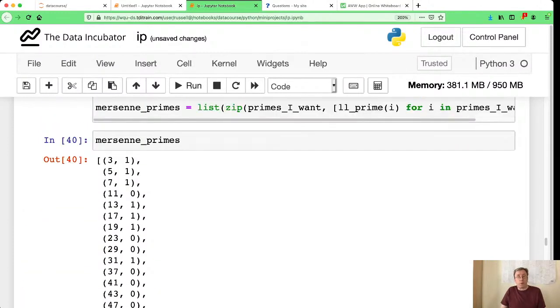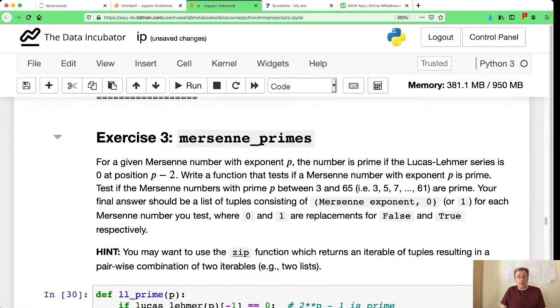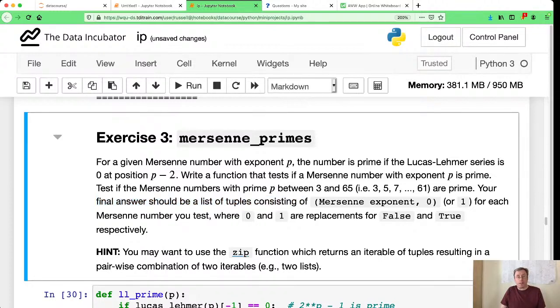Right, and this is what we wanted, right? Your final answer should be a list of tuples of this form. I have an exponent, so for 3, 5, 7, 11, 13, 17, etc., and a 0 or 1 if the corresponding number is not a prime or if it is a prime.